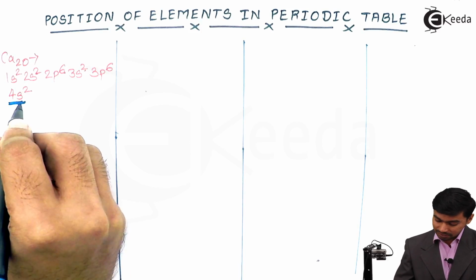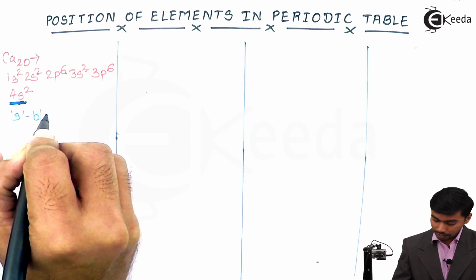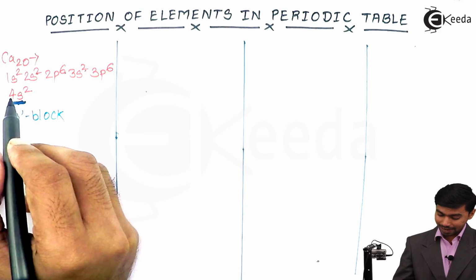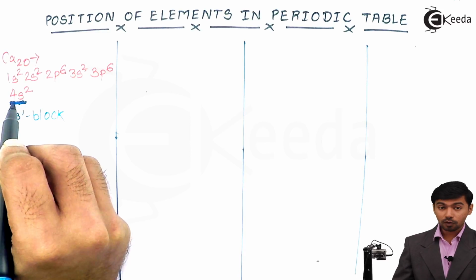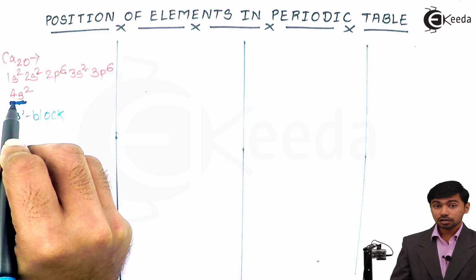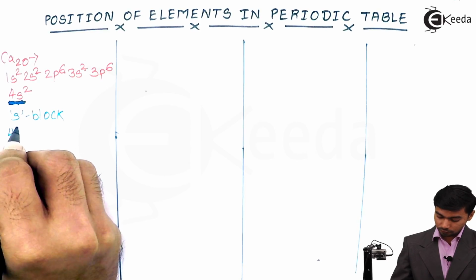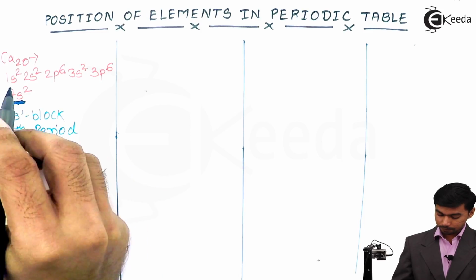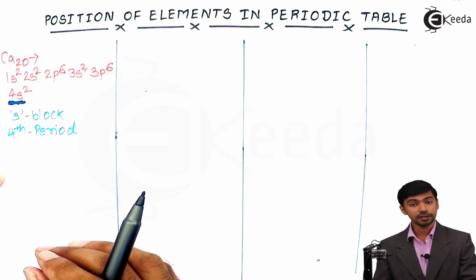That means as they are in the s subshell, it is an s block element. As they are in the fourth shell, what is this 4? 4 is nothing but the number of the shell. So they are present in the fourth period, because the number of shells is always equal to the number of the period.